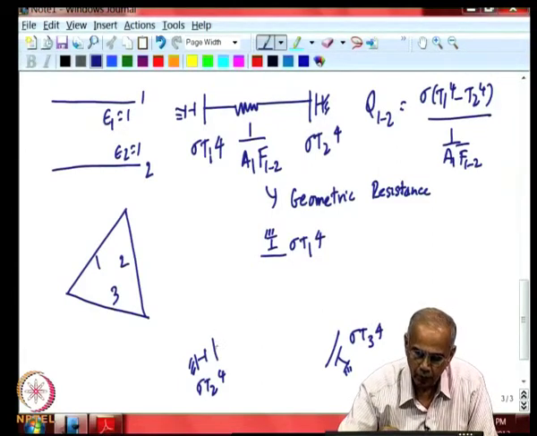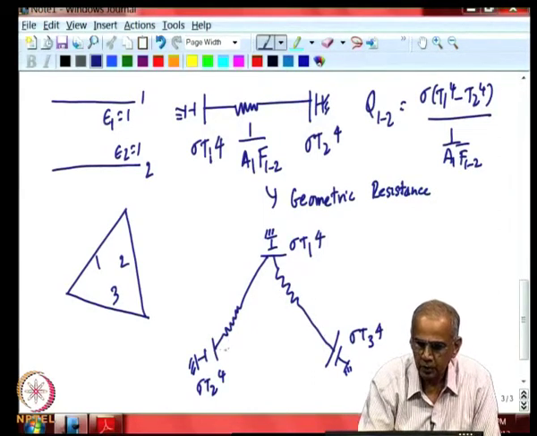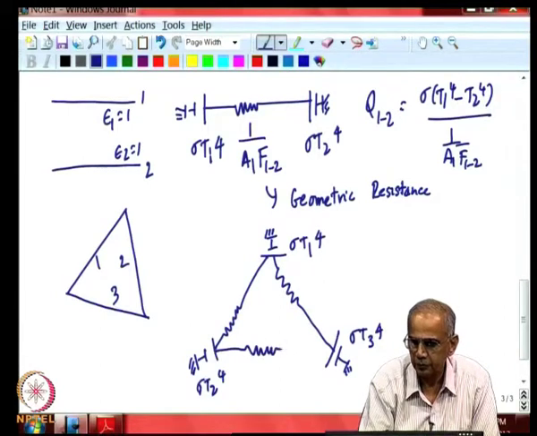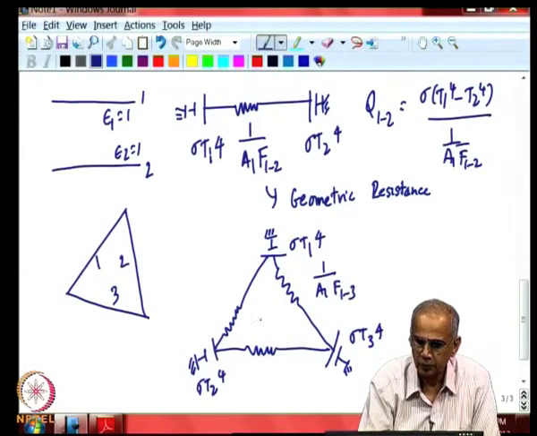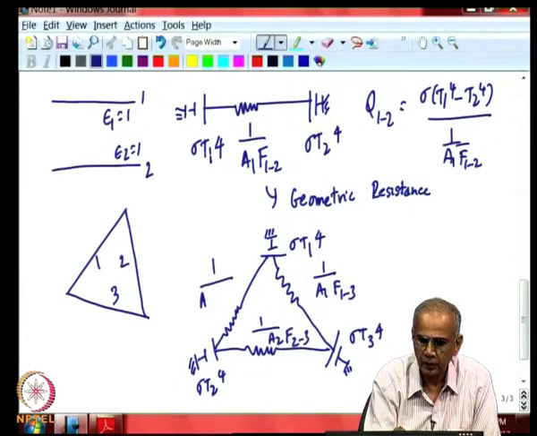Now, we will have one resistance between these two, another resistance between these two, and another between these two. This will be 1 over A1 F13, this will be 1 over A2 F23, and this will be 1 over A2 F21.